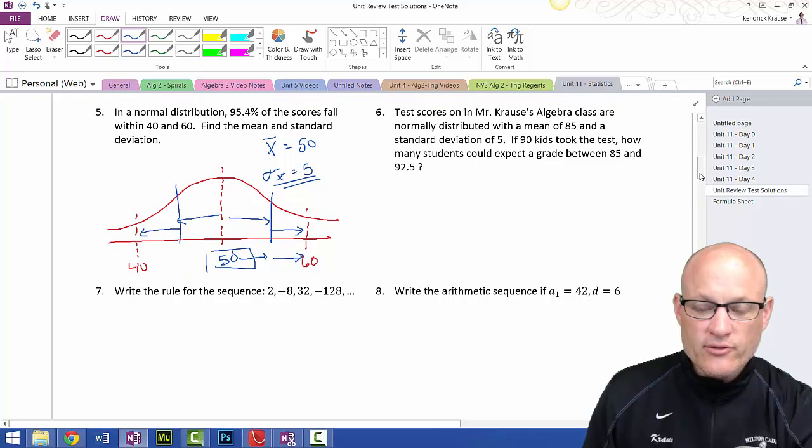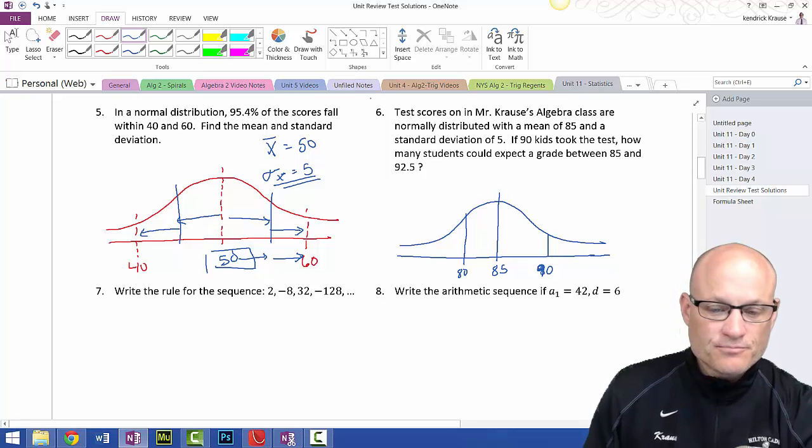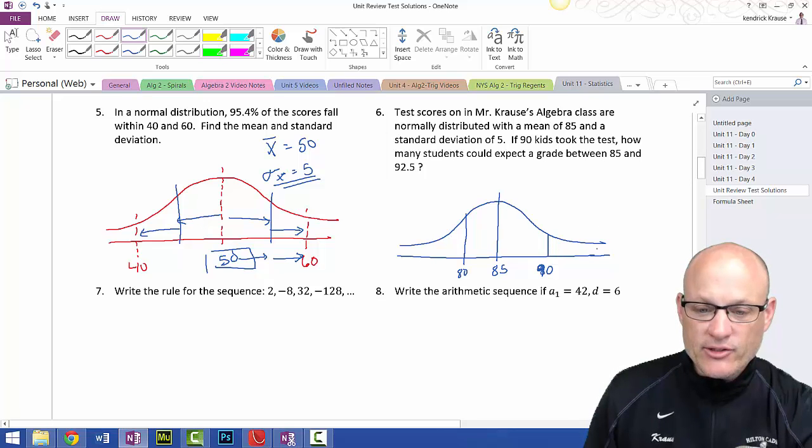So in a test scores, here we go, normally distributed again. With a mean of 85 and a standard deviation of 5. So how many scores fall between 85, going this way, and 92.5?